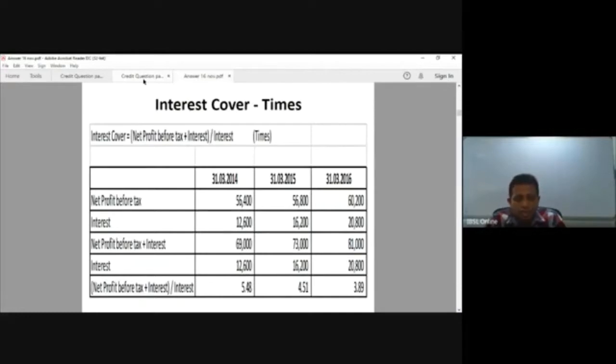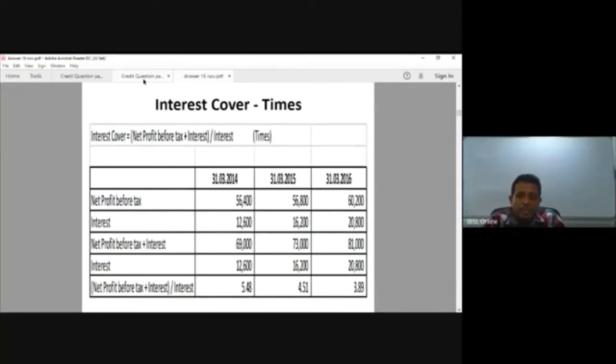Now, when we initially learned about this interest cover ratio, we said the higher the number of times, the better it is. Here you can see a decline, since the profit is not increasing that much, whereas the interest figure is increasing, right?